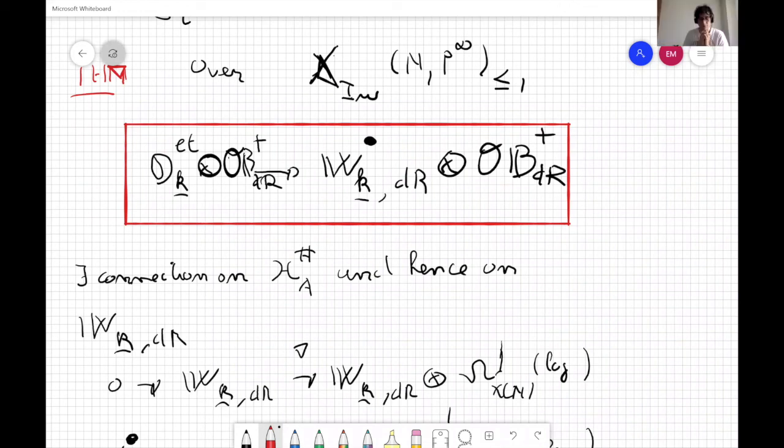So the motto is: Verma modules are there, the infinitesimal action is there, the BGG complex is there, but it's not an isomorphism with the connection. You can do that only over the complex numbers, but working on graded pieces is enough to put your hands on the computation of the cohomology. Okay, thank you. You're welcome.